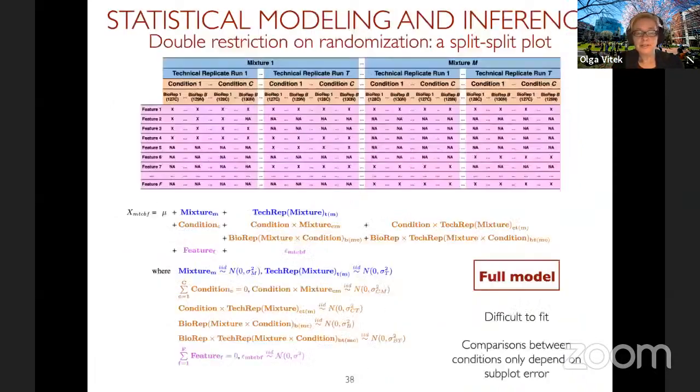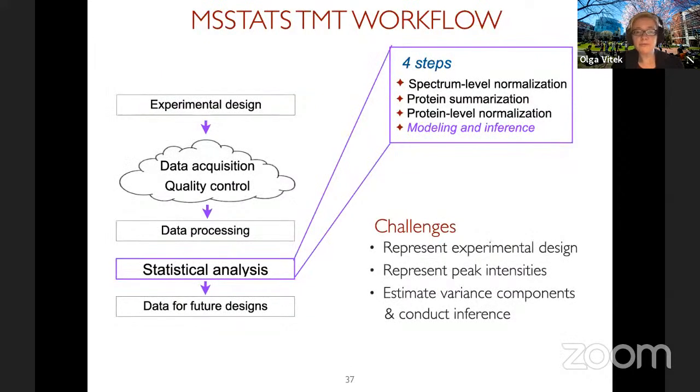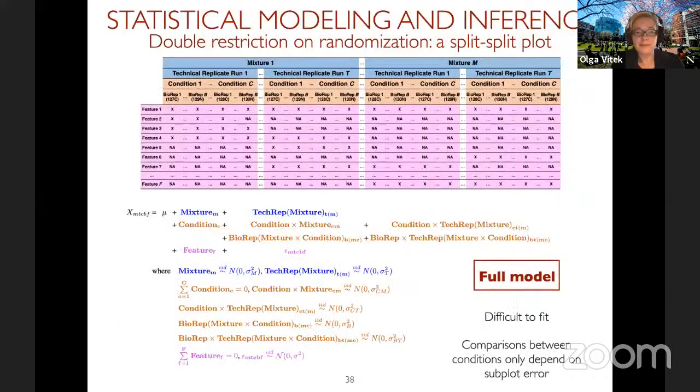So this is what we do here, and then the next step. This is the core of MSstats in terms of statistical models and inference. So we need to represent the experimental design, which is non-trivial because we can have different configurations of subjects and conditions in different plexes, represent peak intensities, and of course characterize the noise associated with the signal.